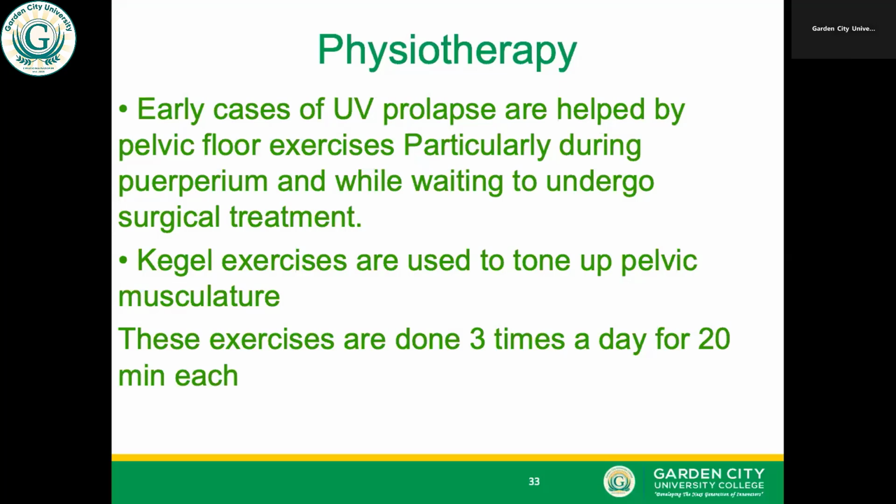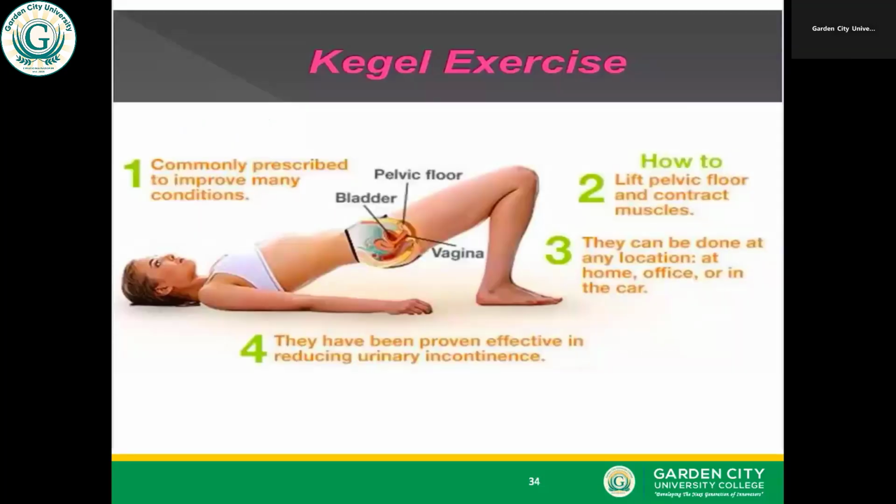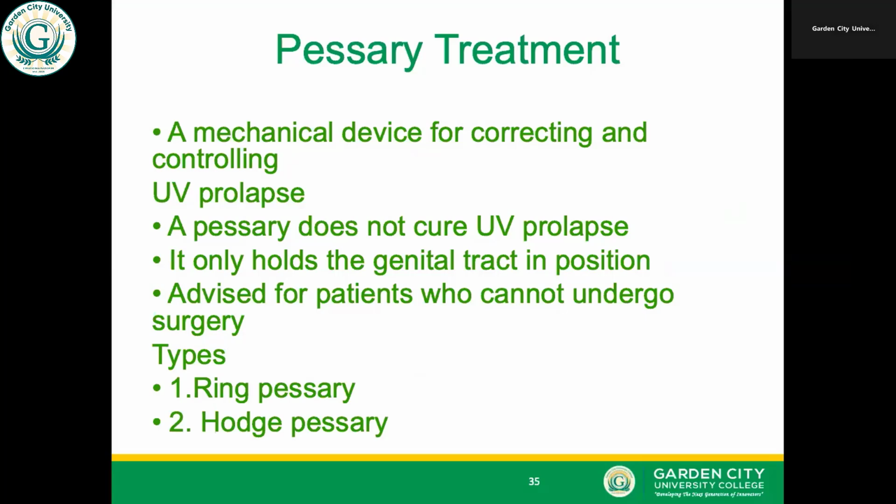If the woman cannot go for the 20 minutes, then she can start slowly, maybe 5 minutes, the next day 10 minutes, and increase as the woman can endure. So this is the picture of Kegel exercise. If you want to teach your clients, you can use it to assist.